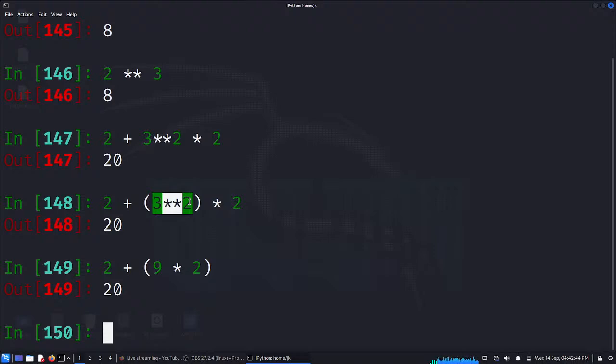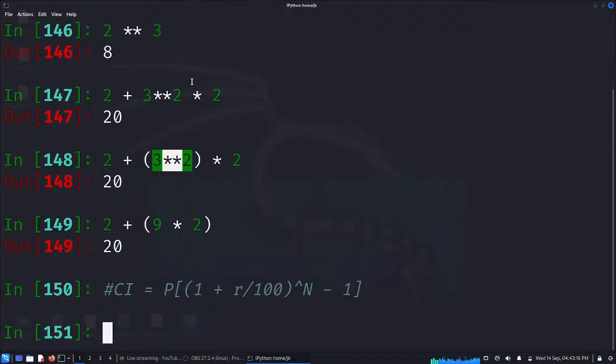As an example of that, say we have a formula for compound interest, which is equal to P times (1 plus the interest rate by 100) to the power of the number of years, minus 1. Suppose this is the equation we are going to implement.